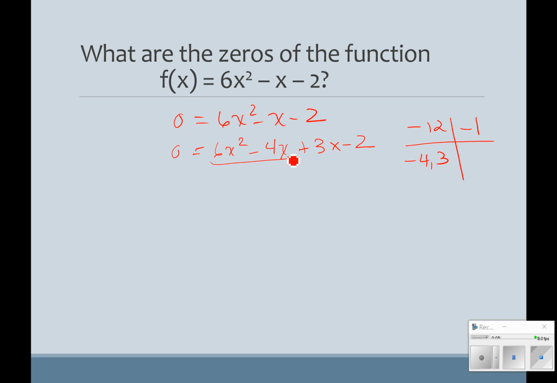The greatest common factor here is 2x, and I'm going to get 3x minus 2, and the greatest common factor here is 1, so 3x minus 2. So my factors are 2x plus 1 and 3x minus 2.